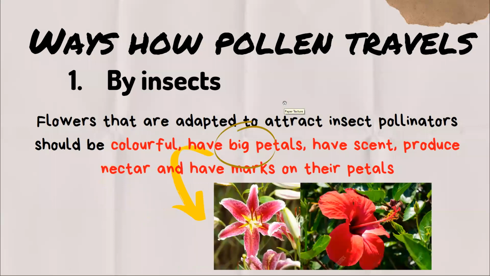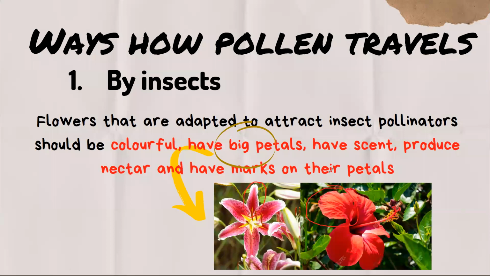The second adaptation would be big petals. Teacher, what are petals? Okay, by now you should know what petals are. Petals are part of the flower, like this, the ones I'm circling right now. In order to attract insect pollinators, the flowers must have big petals because they will stand out.